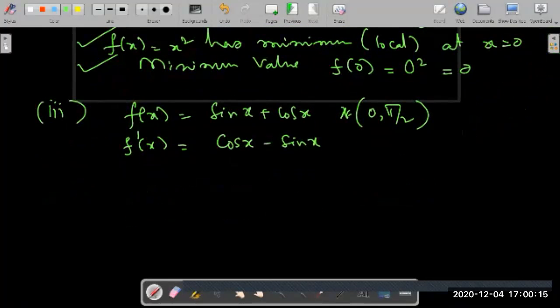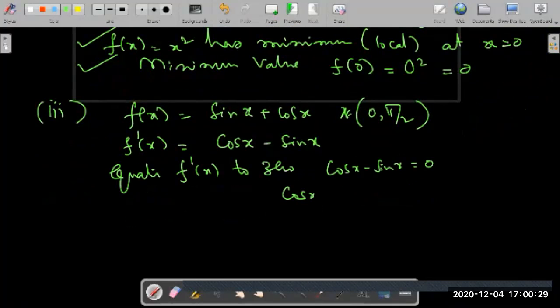So we equate f dash x to 0. That means cos x minus sin x equal to 0. So cos x equal to sin x, which implies 1 is equal to tan x, or x is equal to tan inverse 1.